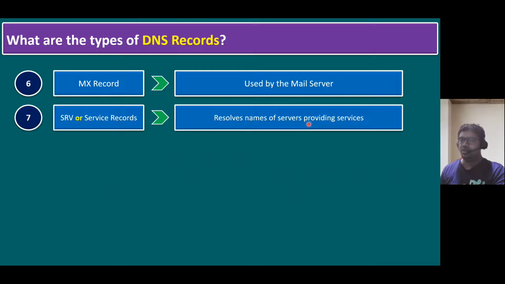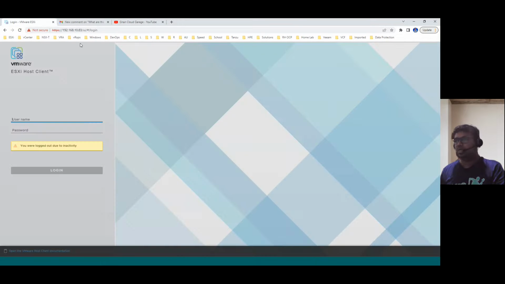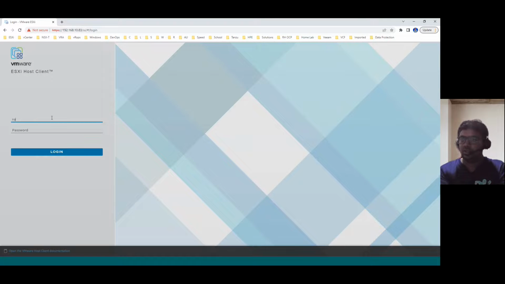Okay, so now let's talk about how to create DNS records in Windows 2022 DNS Server. Let's log into our lab system. Let me connect to the lab system. Let's refresh and log in with the root.